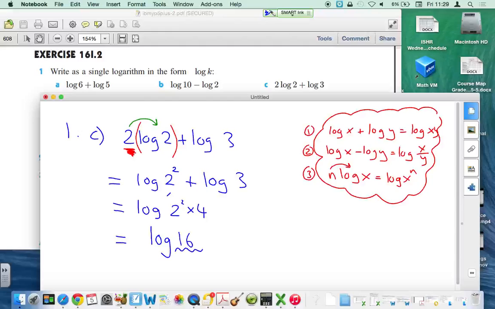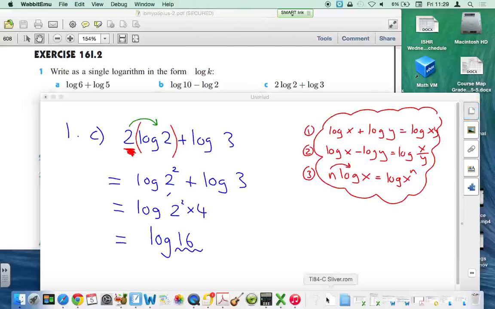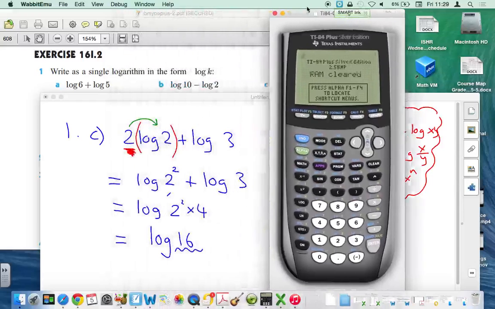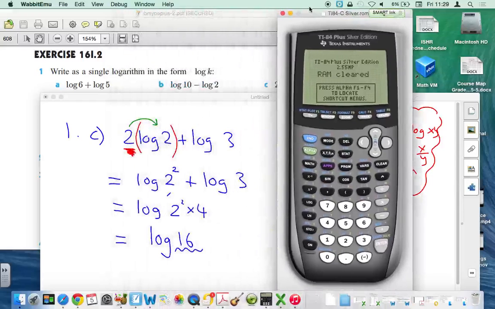Now, you could actually check the answer. We haven't used calculators with logs yet, but as you know, you've actually got a log button in your calculator. That's that button there. So if I do log of 16, there's my answer.